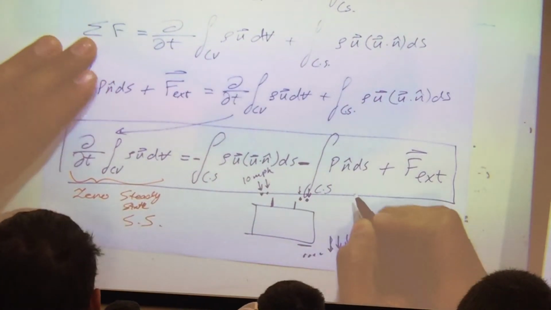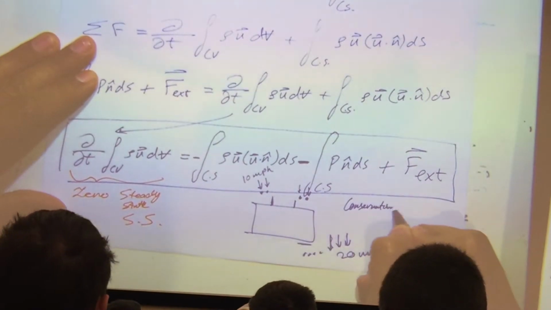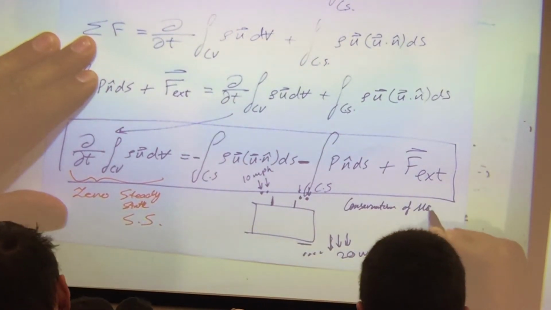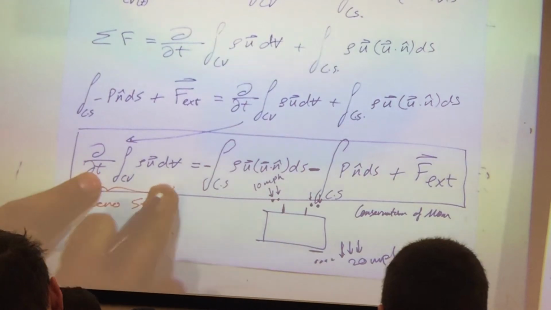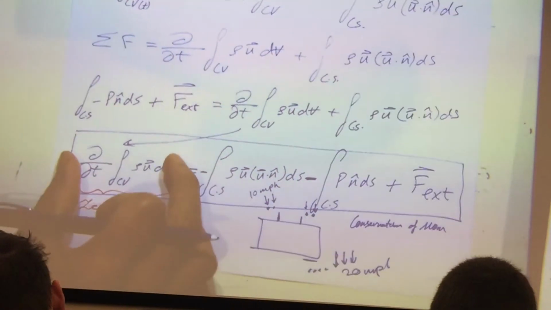Let me write it here and say this is your conservation of momentum in a general form, and it has the unsteady term. But you understand, if I assume steady state, I'm going to take this equal to 0.